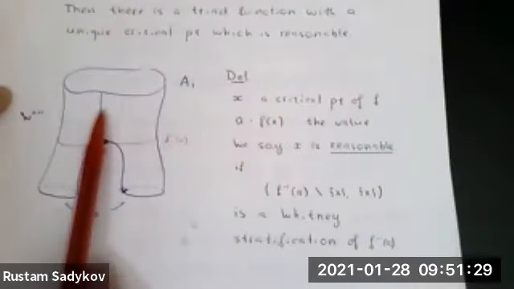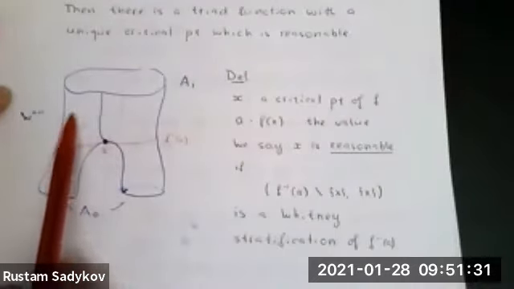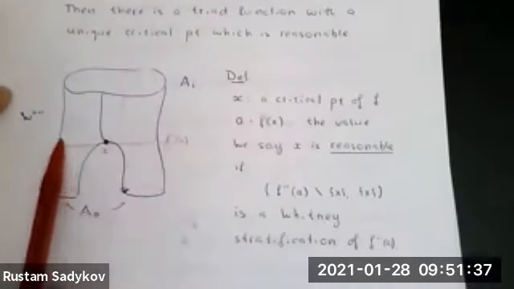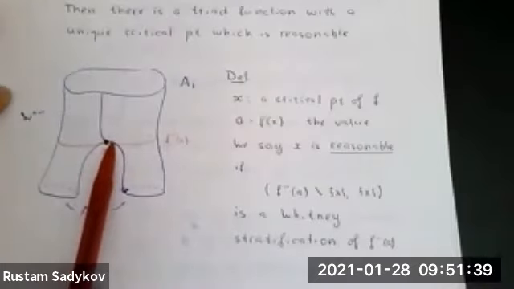And I also promised to say what it means that a critical point is reasonable. So it basically means the following. If you have a function on a manifold, then every regular fiber of the function is just a manifold. But a singular fiber is not a manifold. It has a singularity, just one singularity.